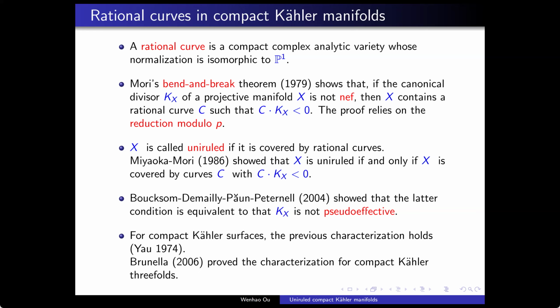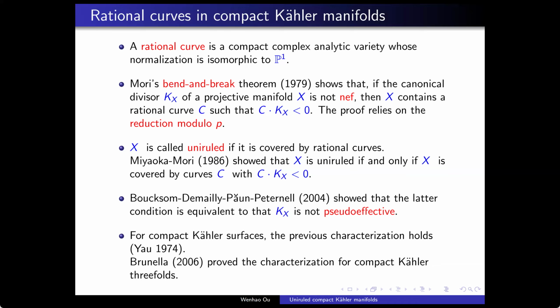Later in 2004, Boucksom, Demailly, Păun, and Peternell showed that the latter condition, that X is covered by KX-negative curves, is equivalent to KX not being pseudoeffective. We will come back to this definition, pseudoeffective, a little bit later.